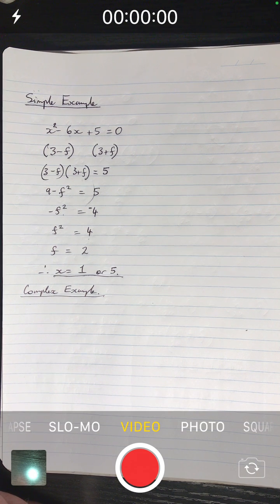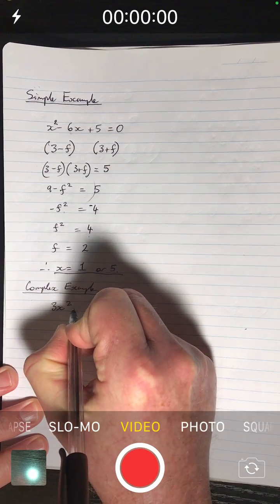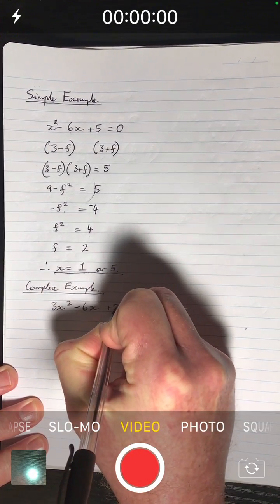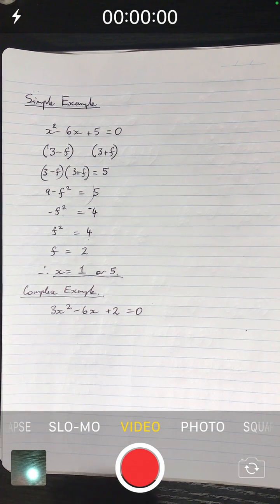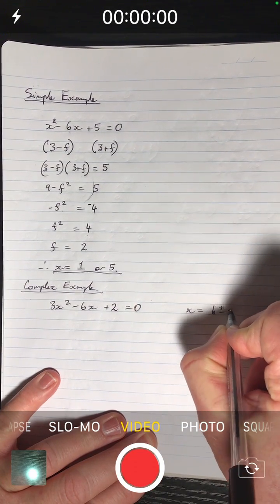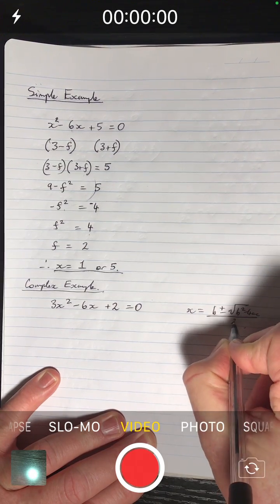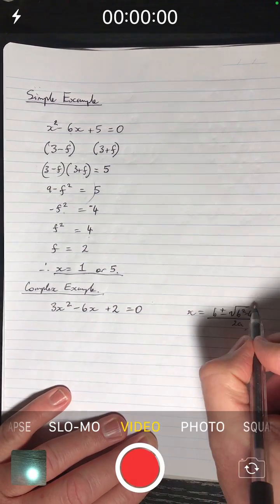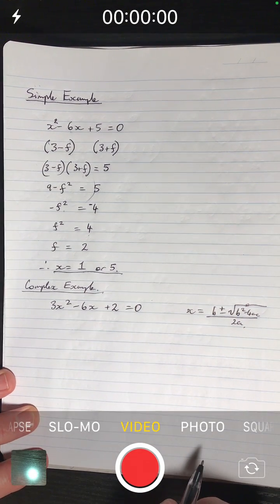Traditionally, we would use the quadratic formula to solve a quadratic like this. So yes, we would put that into this formula, plus or minus the square root of b squared minus 4ac, over 2a, and work out x. But this method is a little bit easier.